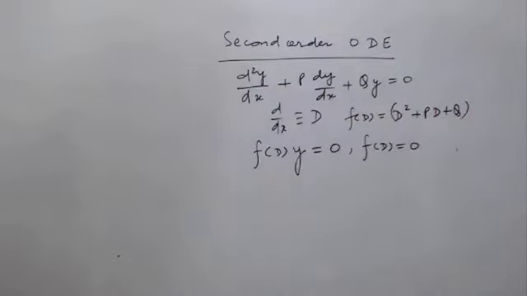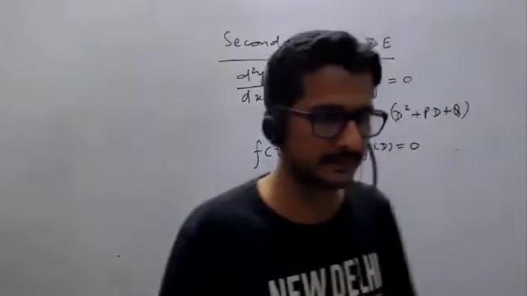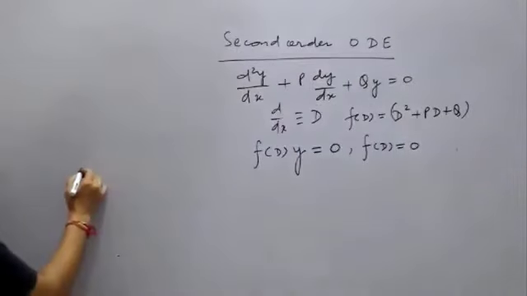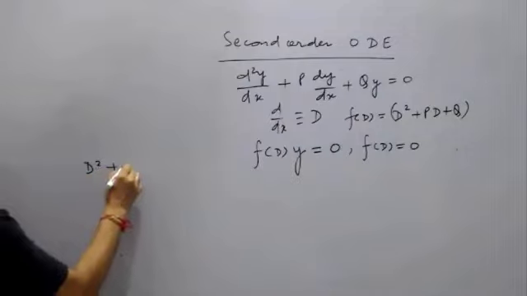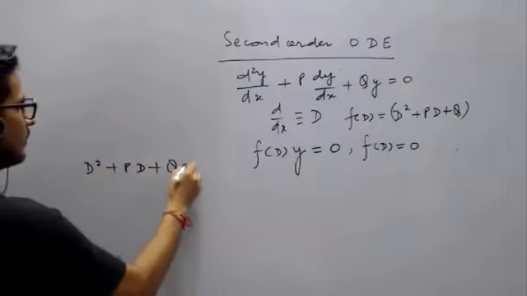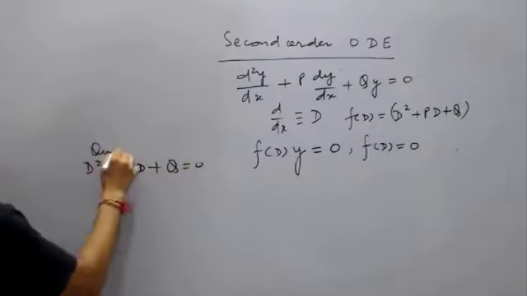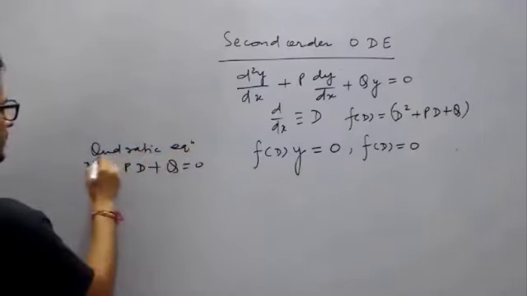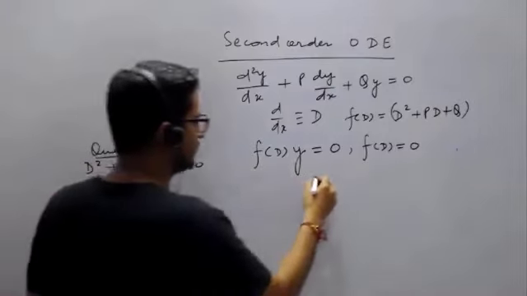If f(D) is equal to 0, that means we have a quadratic equation waiting for us, and it can be written like this: D square plus pD plus q is equal to 0. This is a quadratic equation.